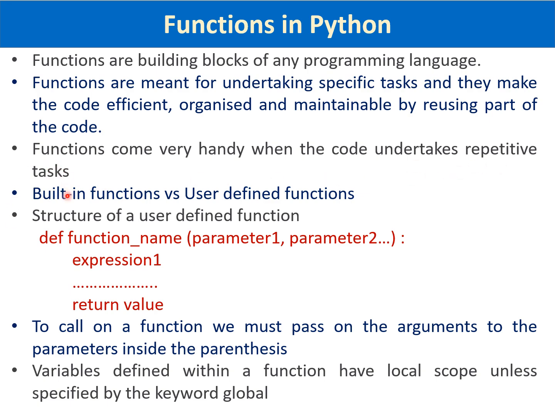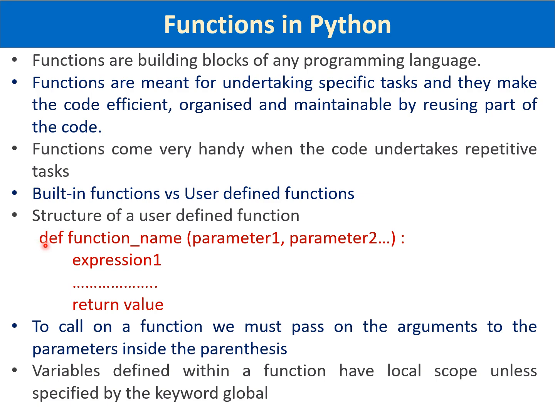In Python there are many built-in functions, like we have seen the print function, which prints any statement to the console. And then we can also have customized functions or user defined functions, which have a structure like this.